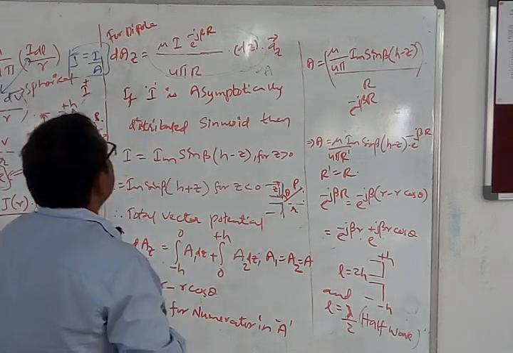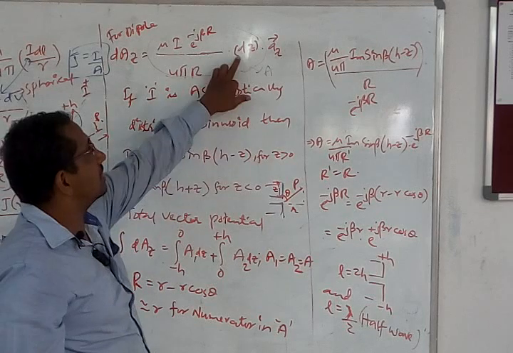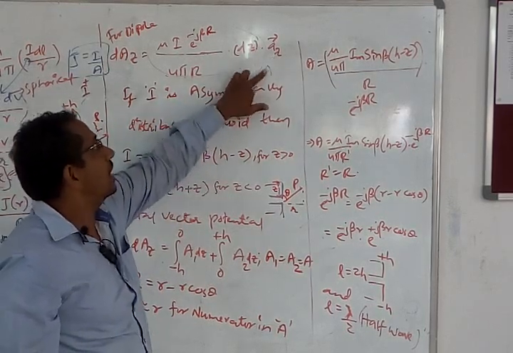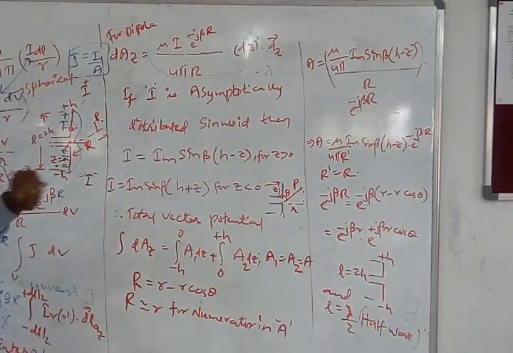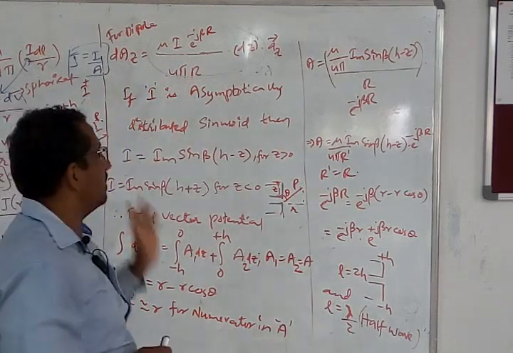So therefore obviously we are going to get dl, right? Now if you consider along the z direction, the dl is represented with z. So therefore I can represent that the wave can be propagating along the z direction. So this is the basic equation which we get for the dipole from the previous equation.